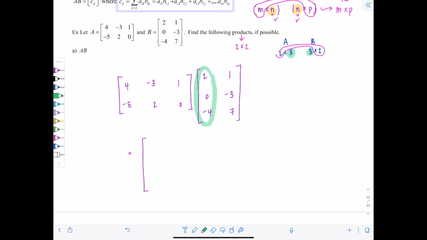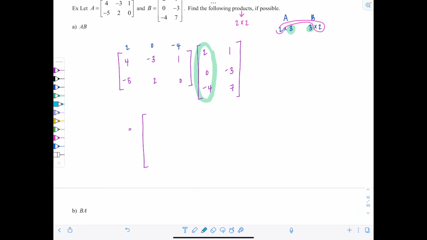So I took this first column here, 2, 0, -4. I'm going to list it up top, and use that to make the first column in the new matrix, the product. How do I do it? You multiply the corresponding entries.